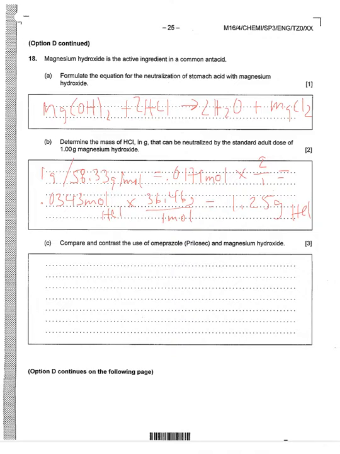Part C says compare and contrast the use of Prilosec and magnesium hydroxide. Well, Prilosec is what's known as a proton pump inhibitor. And the idea with proton pump inhibitors is it doesn't allow the stomach lining to pump or release the acid.